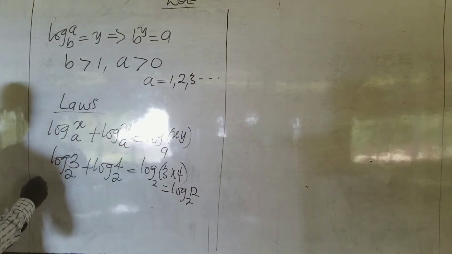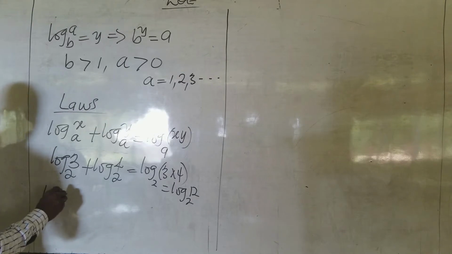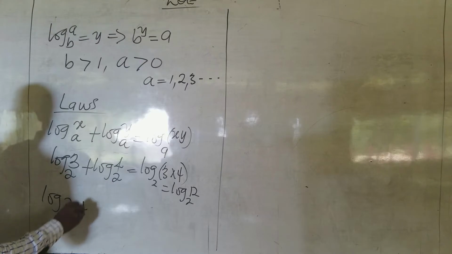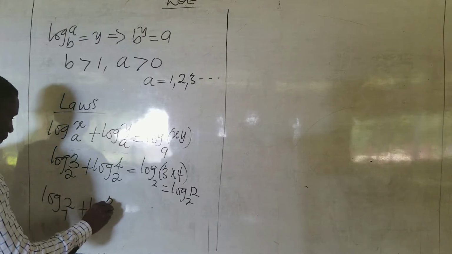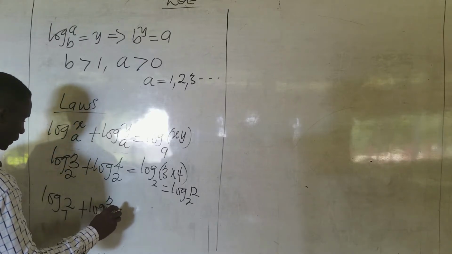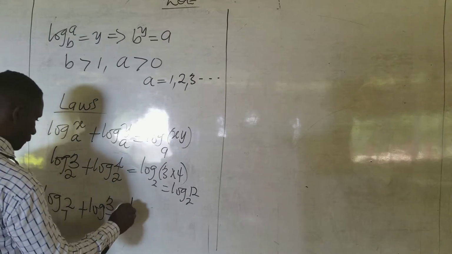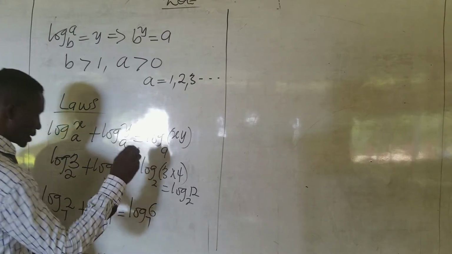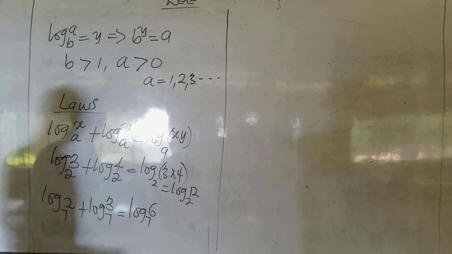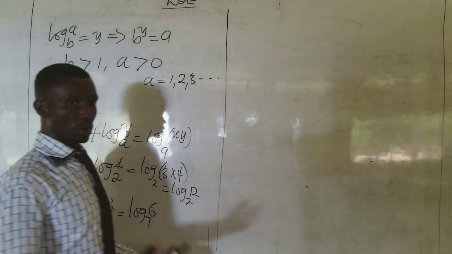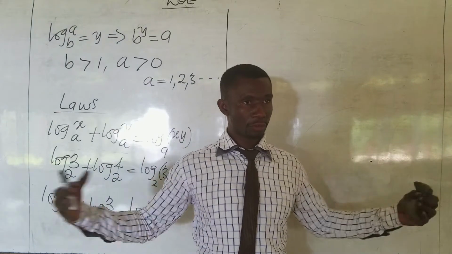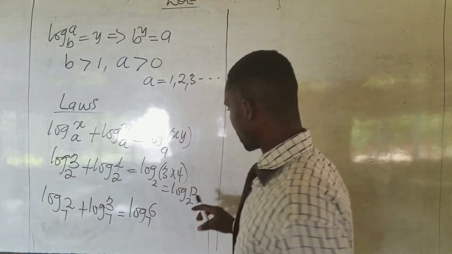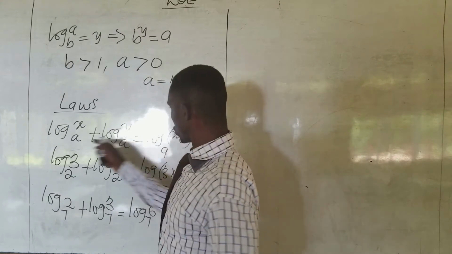And if you have log 2 base 7 plus log 3 base 7, that is equal to log 2 times 3, which is log 6 base 7. So anytime you have logarithm of products or quotients, this is how to go about it. You can move from this way to this way.